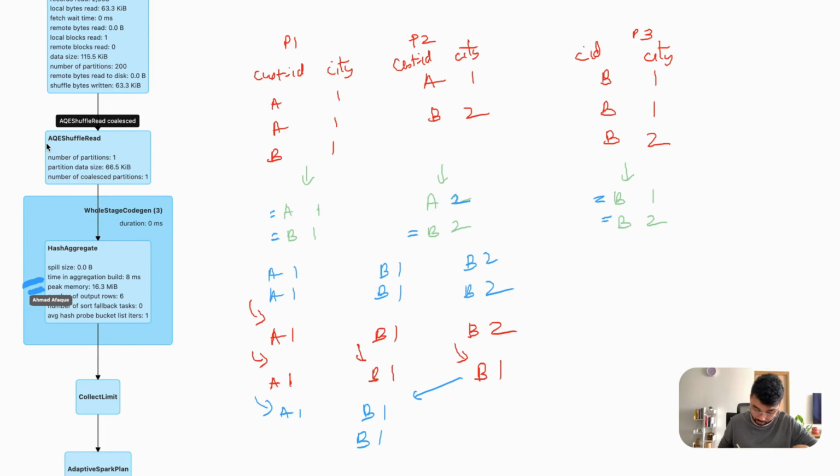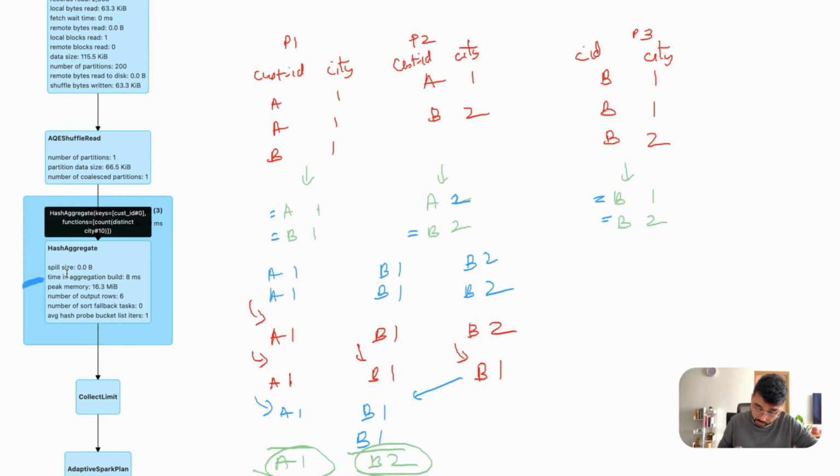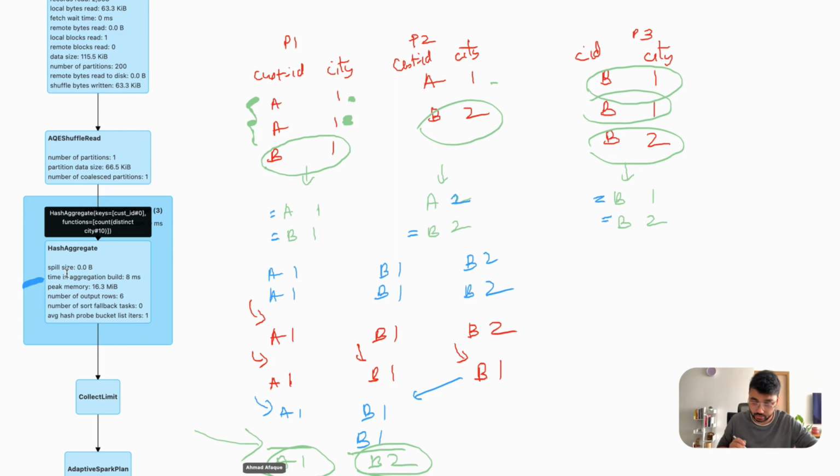This hash aggregate step over here does a final count, which is very simple. This is going to give you A of 1 and B of 2. That is the final answer, because A has just done a transaction in city 1. B has done a transaction in city 1 and city 2. So that is what your final answer is, right?